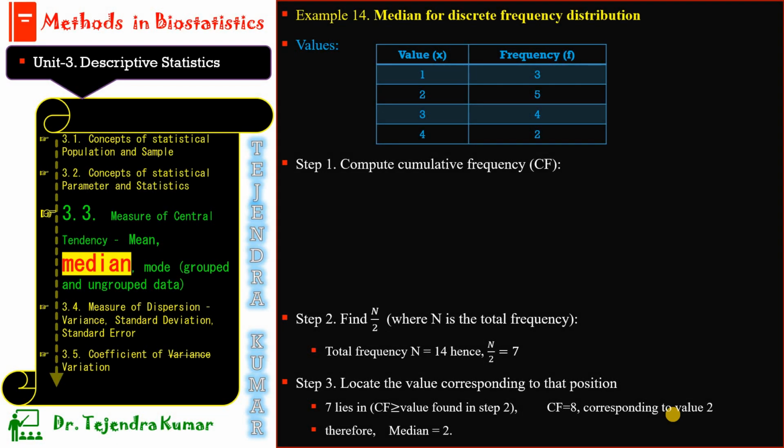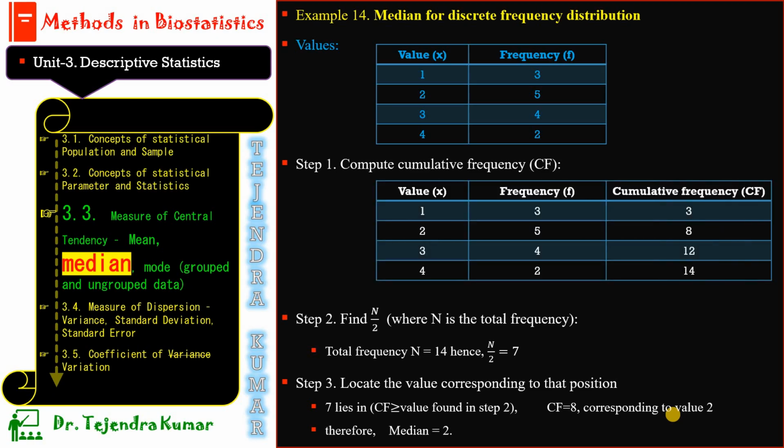Okay, because this data is showing a discrete frequency distribution, we will always find the CF value which is greater than or equal to the calculated n by 2 value, which we found in step 2. So we found 7 in step 2, so let's check the value.